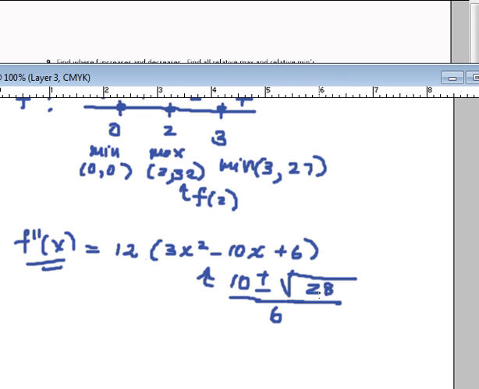The square root of 28 simplifies, that's 4 times 7, so we can bring out a 2 root 7, and then divide top and bottom by 2. So this simplifies to 5 plus or minus square root 7 over 3. We'll see that those are inflection points.